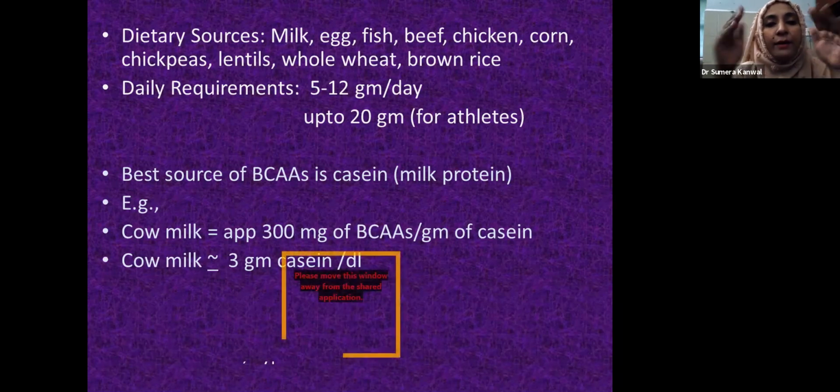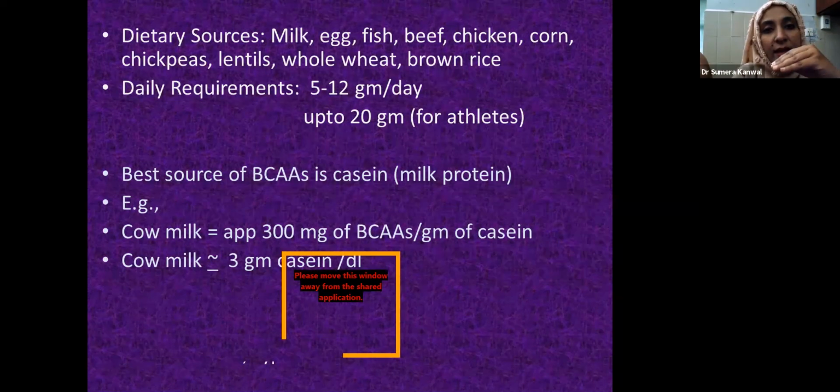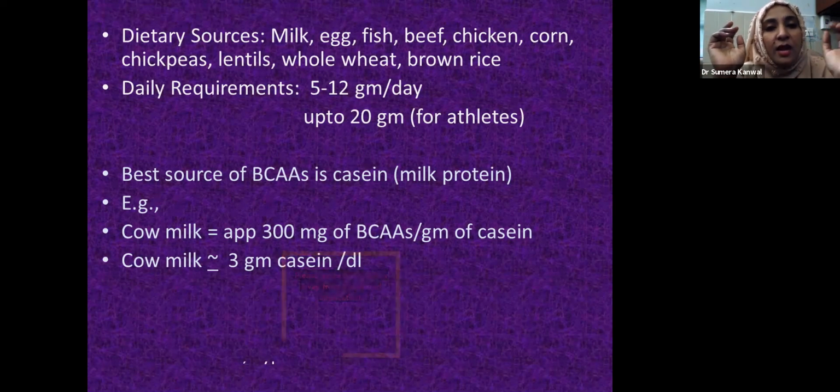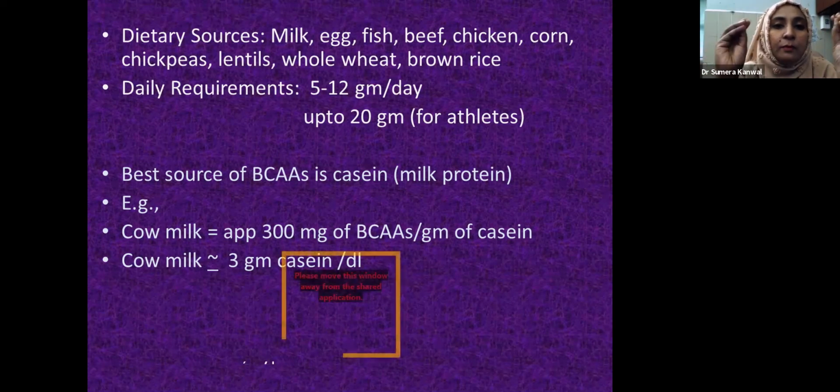It means 100 ml of cow milk contains approximately 900 milligrams of branched chain amino acids. So if we take a cup of 250 ml of milk daily, this milk provides approximately more than 2 grams of branched chain amino acids daily.